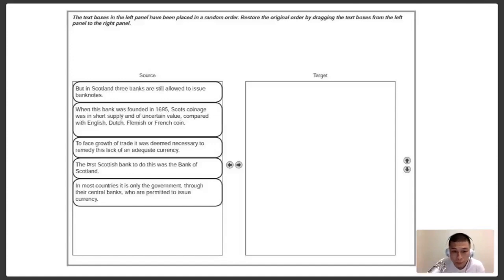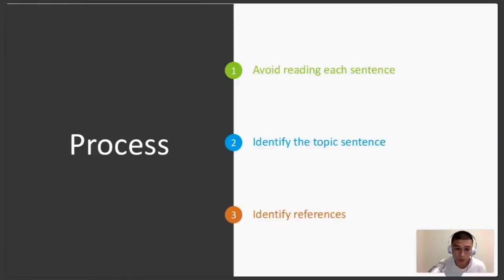So you want to drag it to the right side, move it up and down, and put it into order. A lot of times, the hardest thing is to find the order and sequence of what we do first. Okay, so the first thing that we want to do is establish the process.